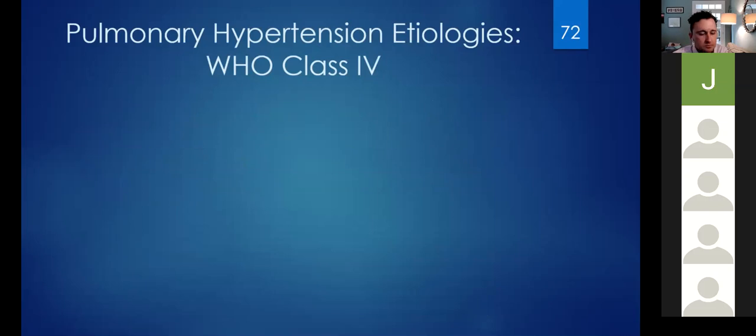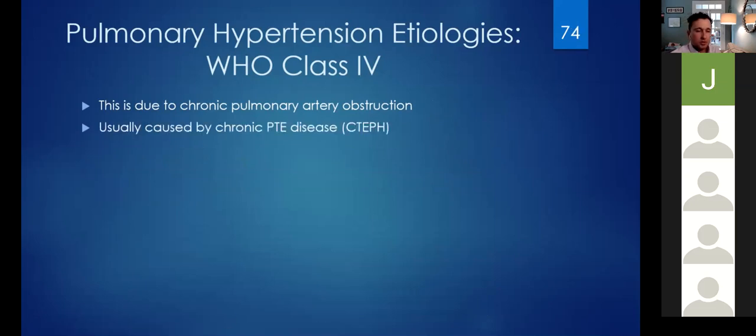Okay, so class 4. This is pulmonary hypertension due to chronic pulmonary artery obstruction. So usually this is from chronic PTE disease, or what you call CTEPH. These patients have developed pulmonary hypertension due to chronic embolic disease.